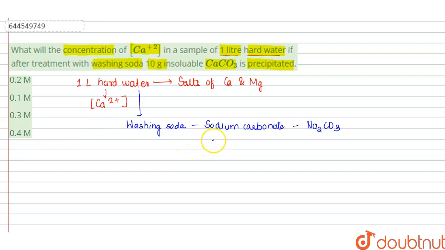Now when hard water is treated with washing soda, the calcium ions in hard water will react with washing soda and produce precipitate of calcium carbonate and 2Na+ ions. Now the weight of this precipitate is 10 grams.